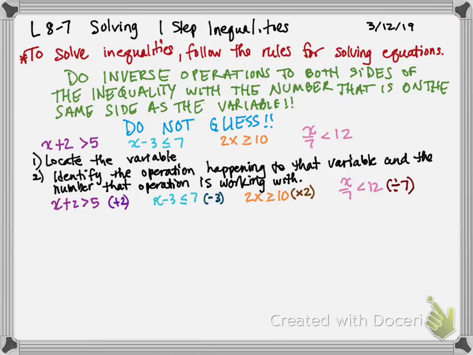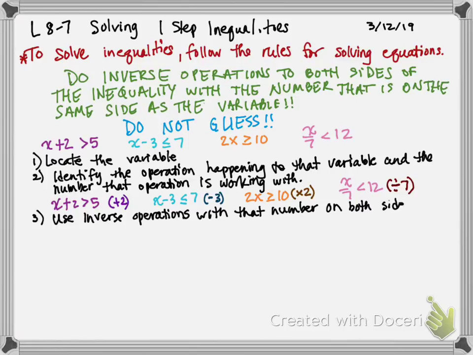Okay, so once we can recognize what's happening, now we can employ the idea of inverse operations. So we're going to use inverse operations with that number on both sides in order to solve.